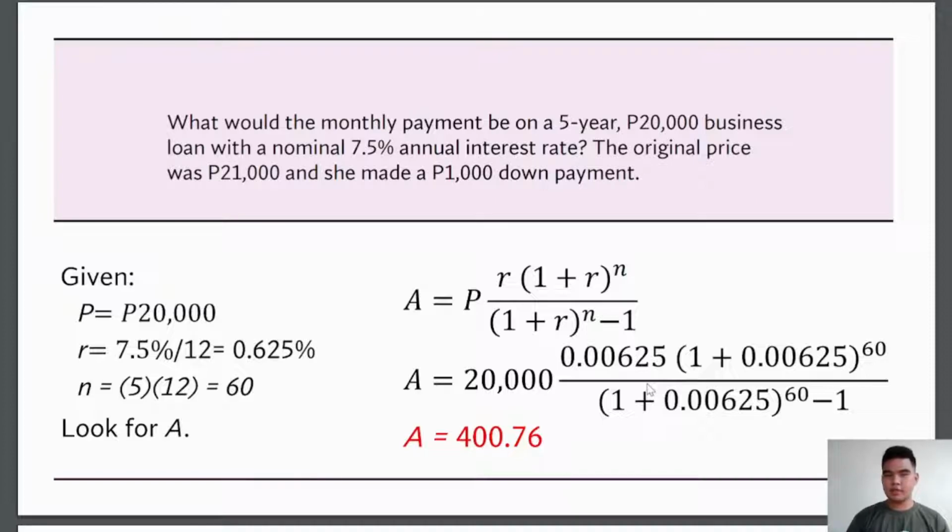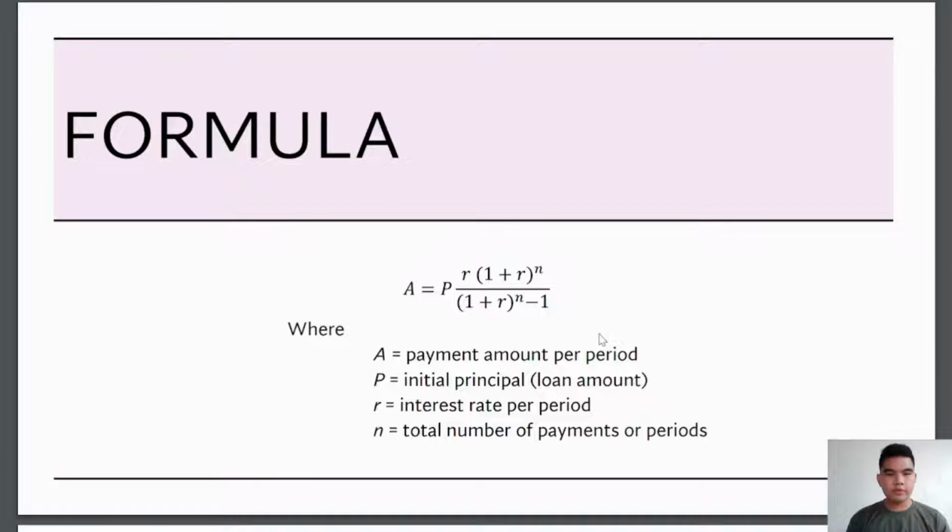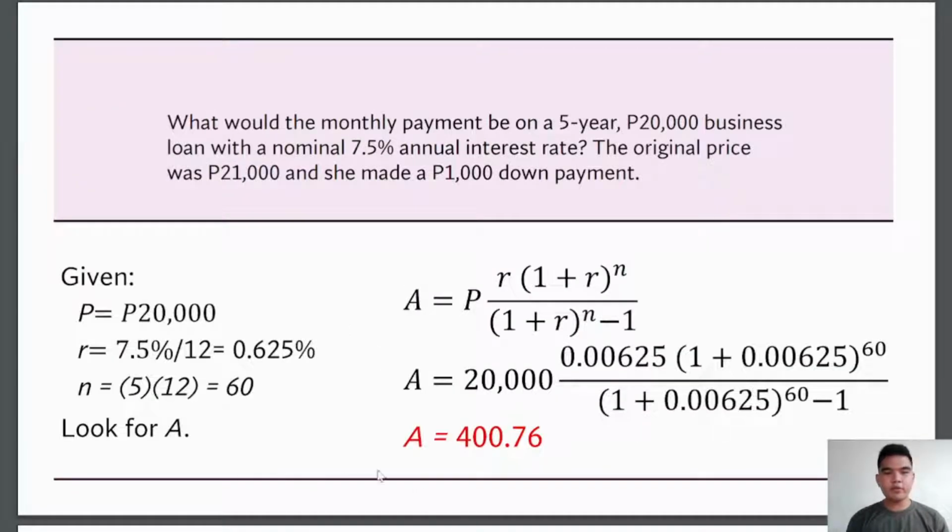So, let's now try to solve the problem. From that problem, we're looking for A. Our given is P is equal to 20,000 pesos, R is equal to 0.625%, which we get by dividing 7.5% by 12, and N is 60, which is got from multiplying 5 times 12.